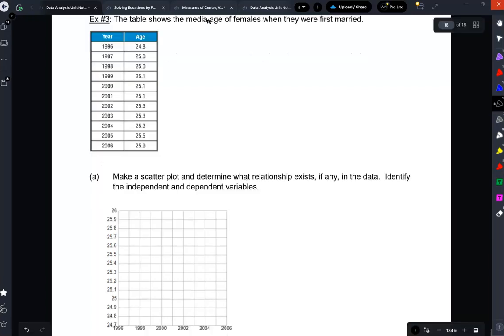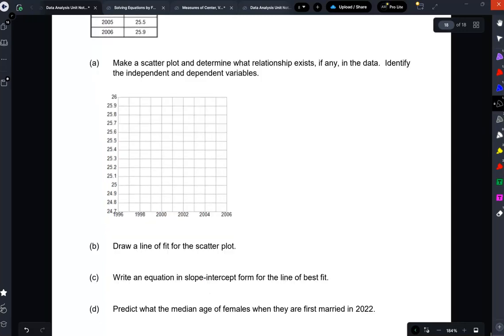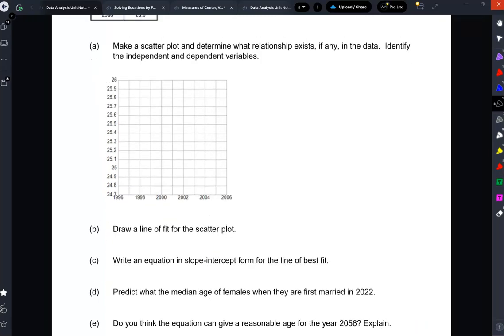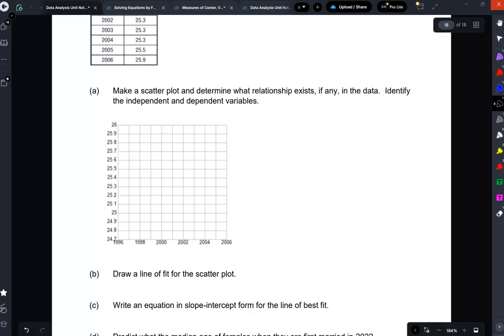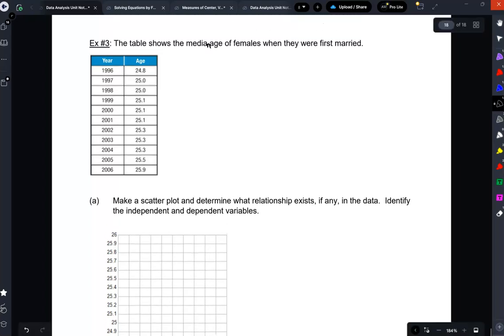From 1996 to 2006. Make a scatter plot and determine what relationship exists. Identify the independent and the dependent variables.